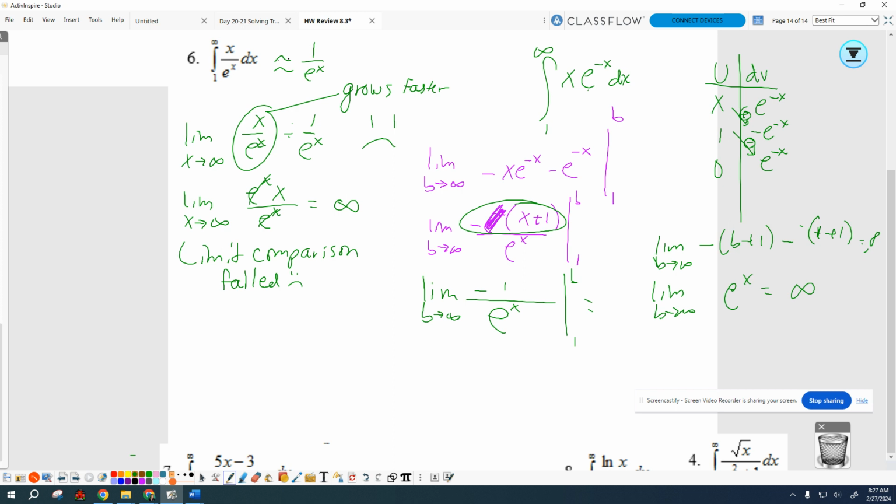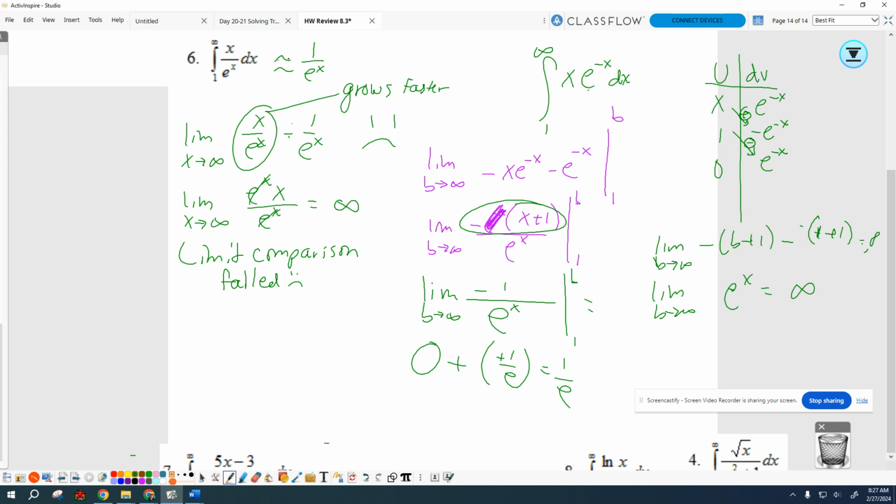So what happens? Plugging in b, plugging in infinity is 0 minus negative 1 over e to the 1. It's 1 over e. So does it converge or diverge? Converges. Was it a pain in the butt? Yeah. Is it on tomorrow's test, that specifically? No.